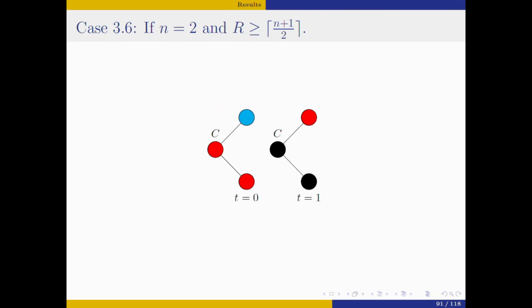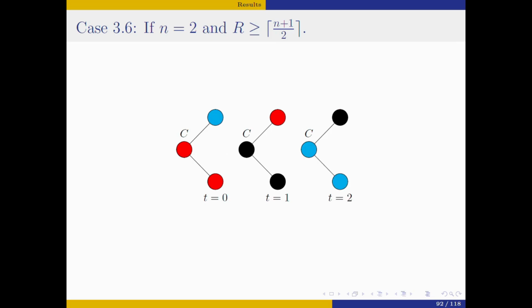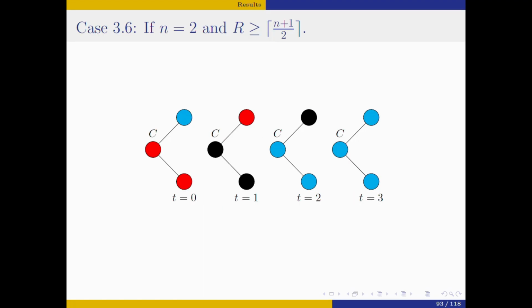In the next time step, the vertices that were infected will become dead and the vertex that was healthy will become infected because it had at least one infected neighbor. Next, the vertex that was infected will become dead again, and the vertices that were dead will become healthy because they don't have a sufficient number of infected neighbors. Finally, at time t equal 3, the disease is cured.